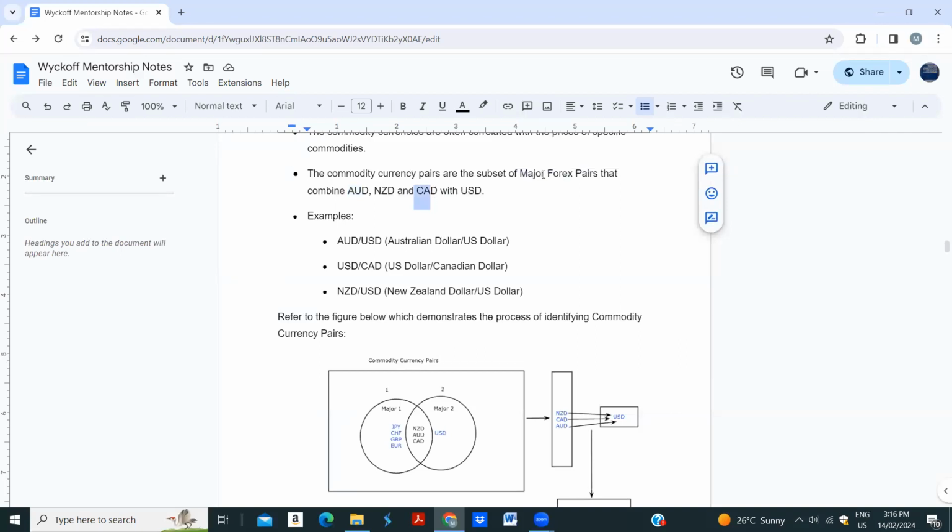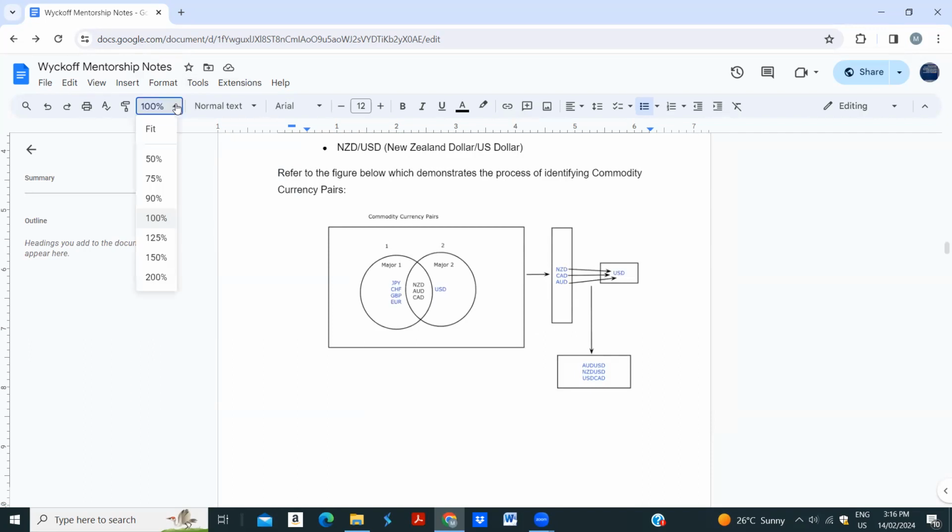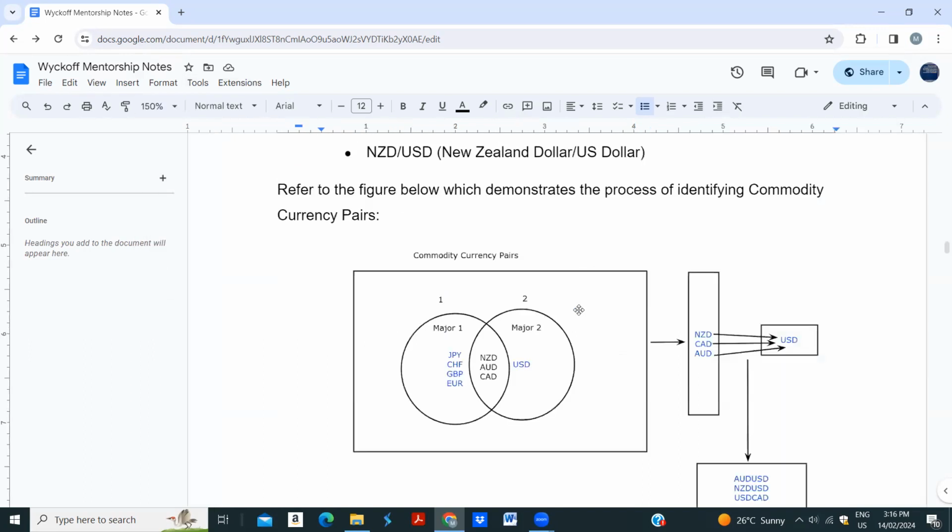So what happens when we combine these forex major pairs? You can see here, I can show you. So we have commodity currency pairs, which are a subset of the major currency pairs. These are the major currency pairs: JPY, CHF, GBP, and Euro. And the commodity currencies are the New Zealand dollar, Australian dollar, and Canadian dollar, which are also part of the major currency pairs.